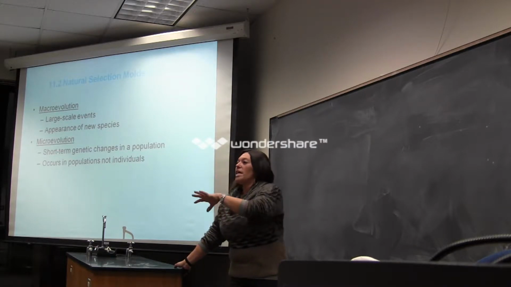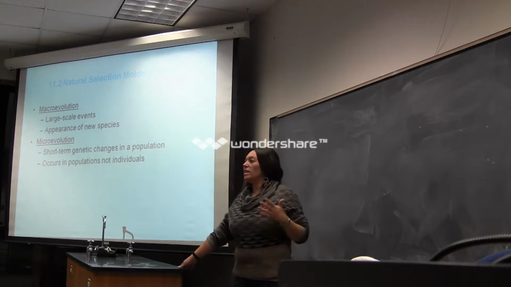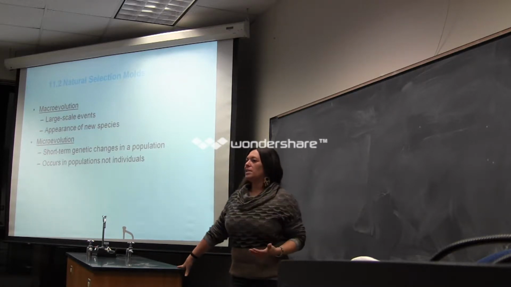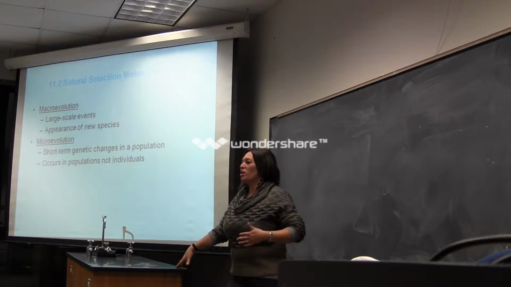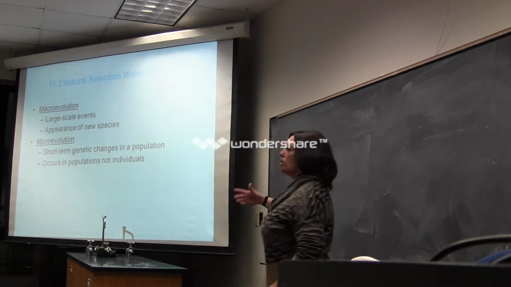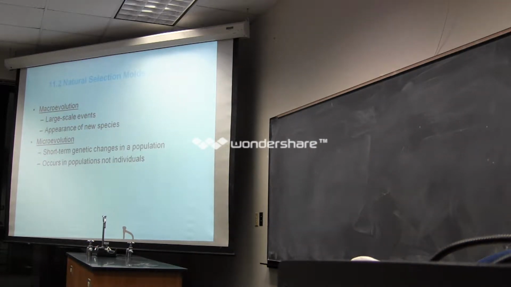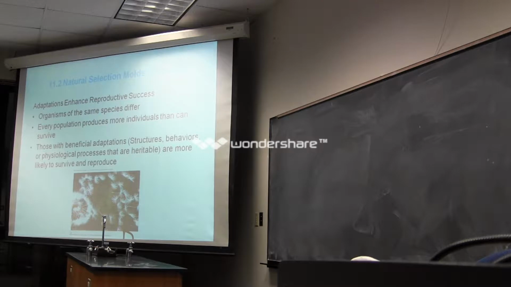So there's lots of interbreeding between them, so to speak. And so they have a higher incidence of some of these less desired traits, but it's filtering through the population. And so this would be an example of microevolution. And we're going to go through and talk about different examples of each of these.